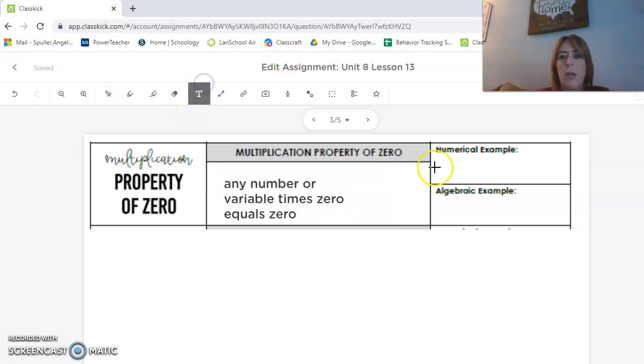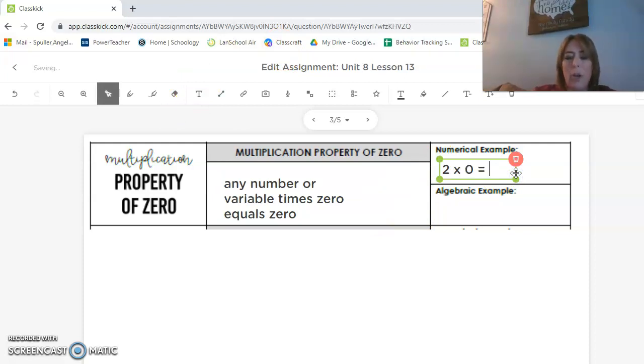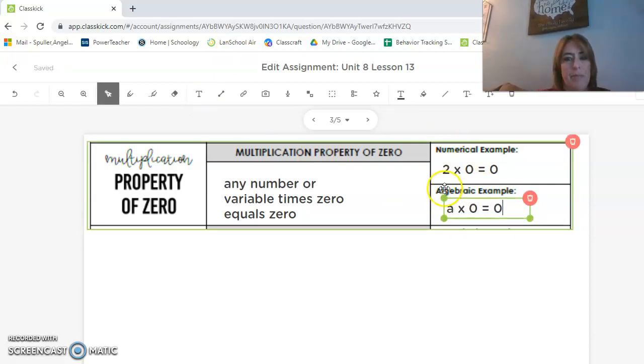Okay, so if I say 2 times 0, I'm going to always get 0, no matter what that number is, what that variable is, because it's basically saying that I have two groups, and in each group, I have 0. All right, a times 0 equals 0.